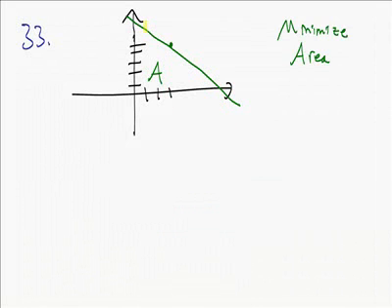Alright, so let's see, how are we going to do that? What do we know about the area of something like this? Well, the area of a triangle, which is really what it's going to end up being, is 1/2 base times height. So we're going to have to label our base here and our height here. Let's label this x, since it's on the x-axis, and this height here y.